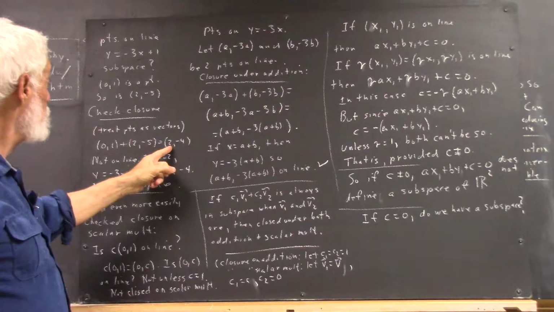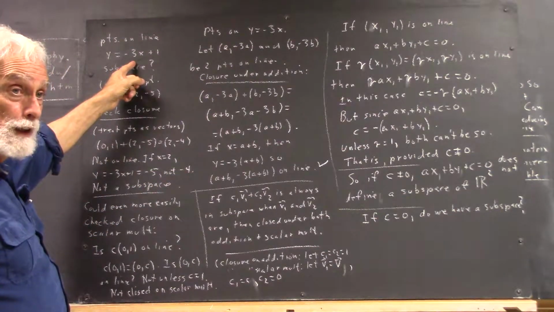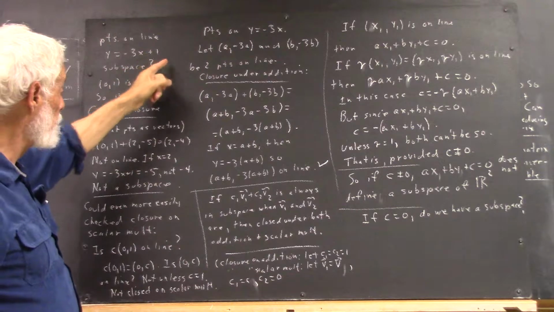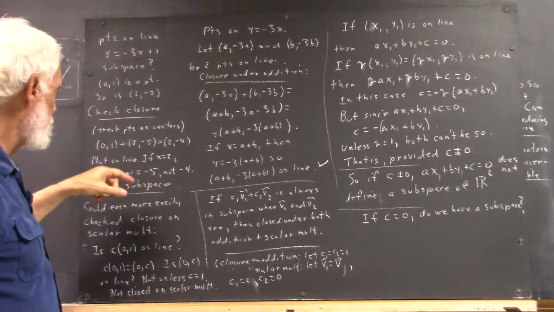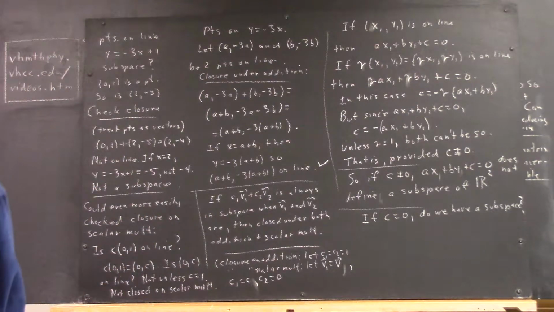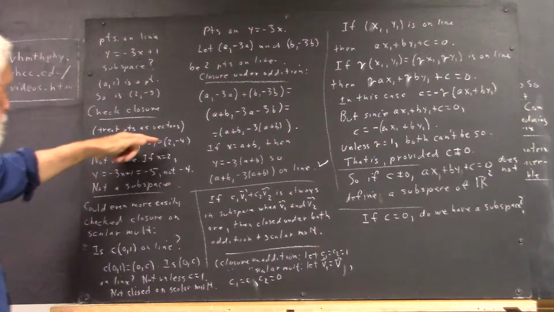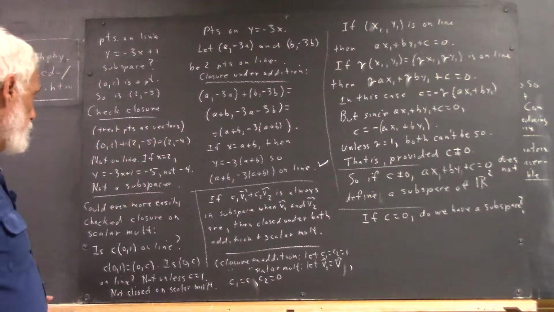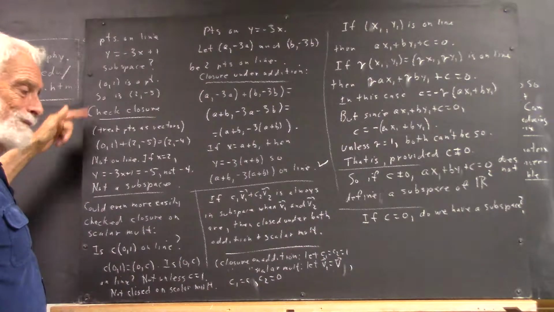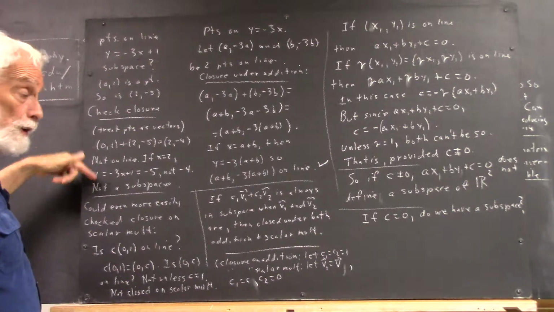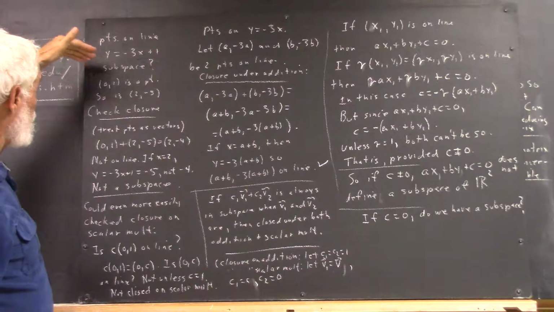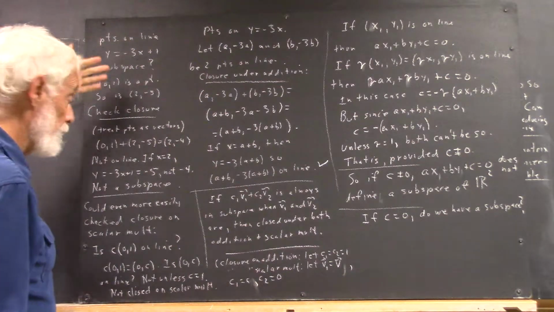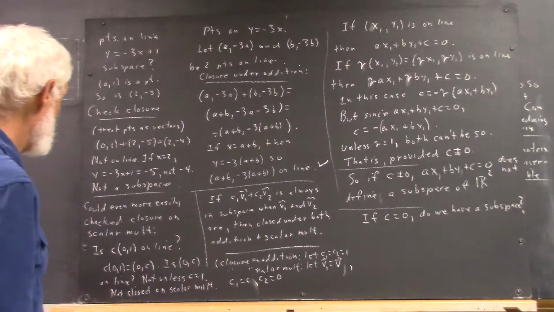But if x is 2, we get negative 6 plus 1. So y equals negative 3x plus 1 equals negative 5, not negative 4. So this example alone shows that the operation is not closed on this set of points on this line. So the set of points is not a subspace.